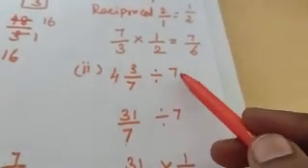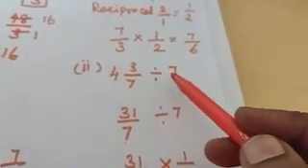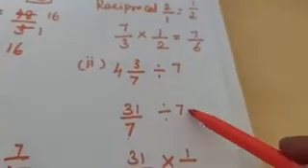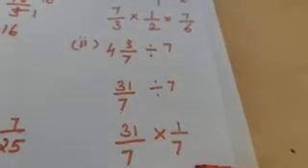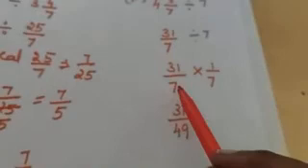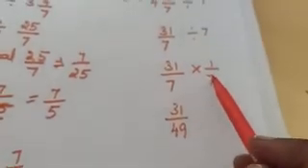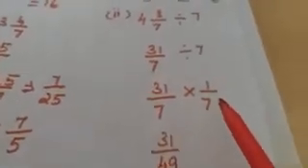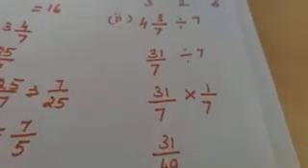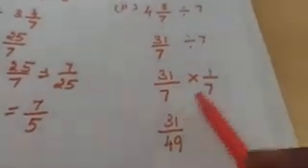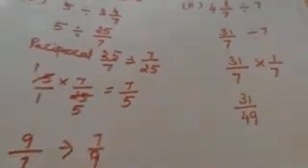After the division symbol which number is given, that you have to find out the reciprocal. So 7 reciprocal is 1 by 7. Again 31 by 7 we multiply by it. So 1 by 7. 31 into 1 is 31. 7 into 7 is 49 is the value.